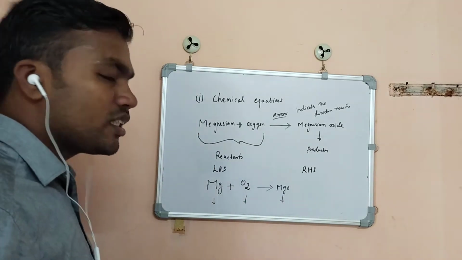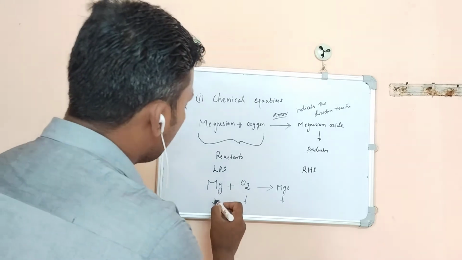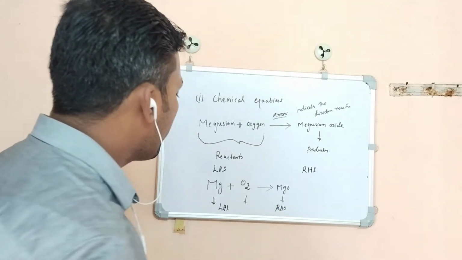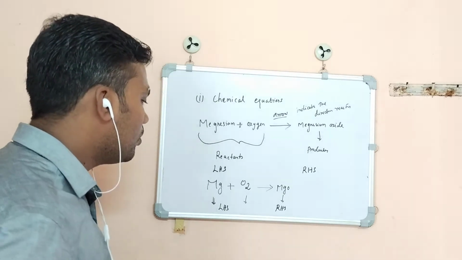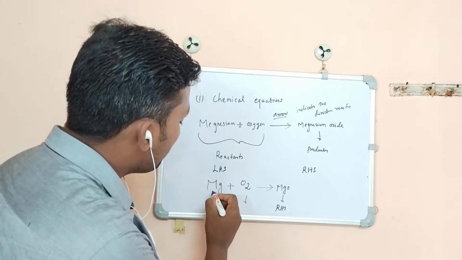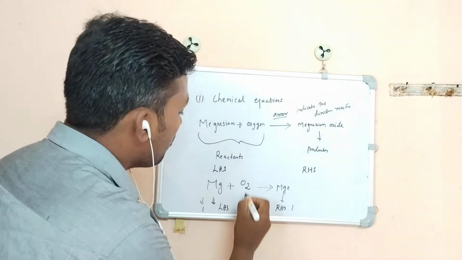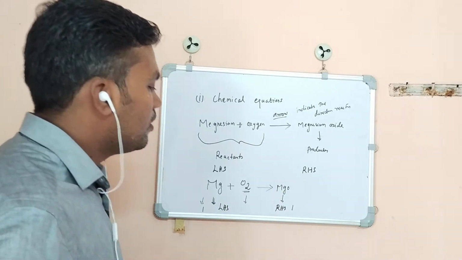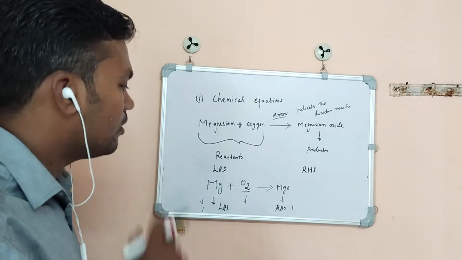In this reaction you can count and compare the number of atoms on the LHS and RHS, in the reactant side and in the product side. The number of magnesium atoms is 1 on each side, but O2 has 2 atoms on the reactant side, while the product side has only 1 atom.